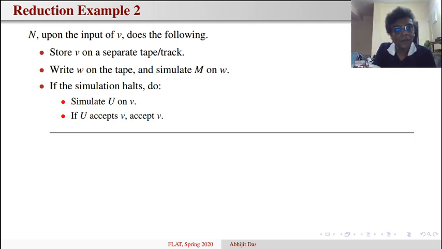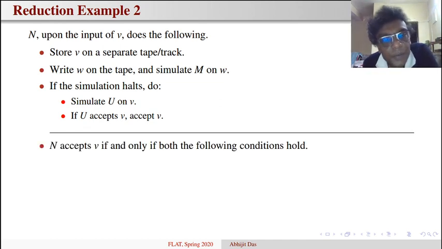Okay. So now let us see the situations when N accepts. N accepts its input v if and only if both the following conditions hold. It should be able to come out of the simulation of M on w. Likewise, it should also be able to come out of the simulation of U on v with an accept notification. So if M halts on w and U accepts and halts on v, then and only then N accepts v.